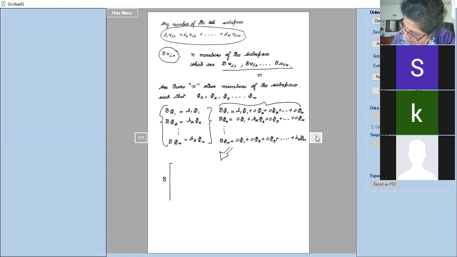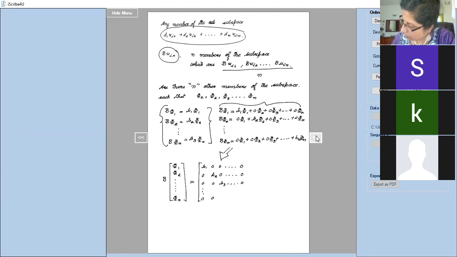B into phi 1, phi 2, dot dot dot, phi n is going to be equal to the diagonal matrix with B1, B2, B3, up to Bn on the diagonal and zeros elsewhere, into phi 1, phi 2, phi n.